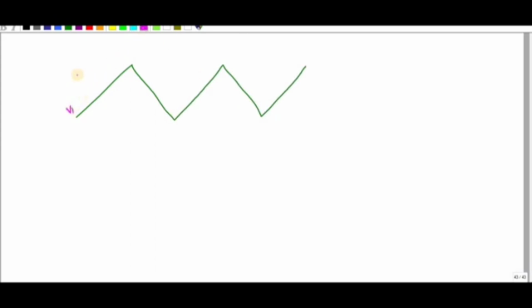So this is your Vi, and I can choose this as my UTP value, and this point as the lower triggering point.